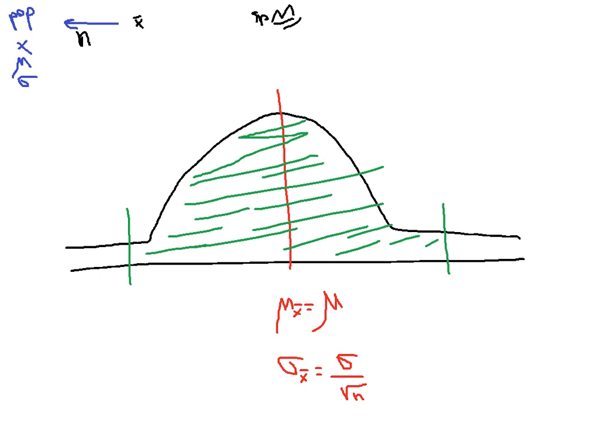Okay, so I want to find the upper and the lower value such that what I have inside is exactly 95% of the x bars. Okay, meaning what is left is 5% of the x bars.